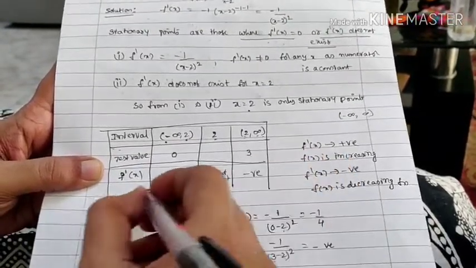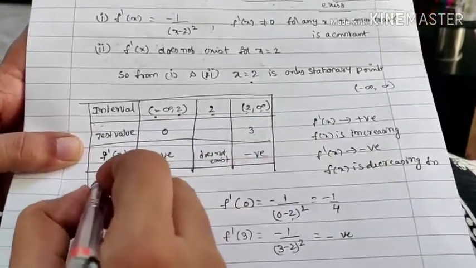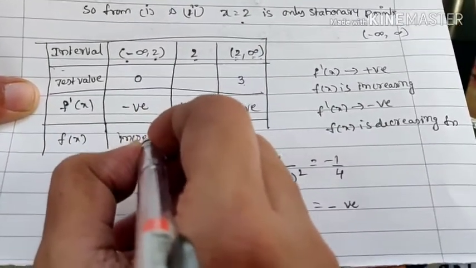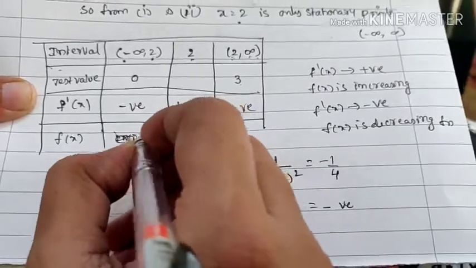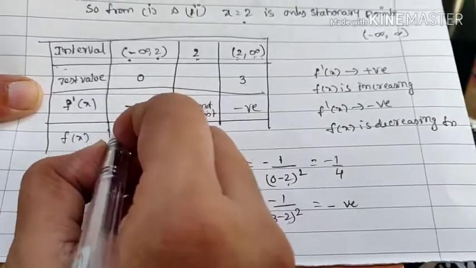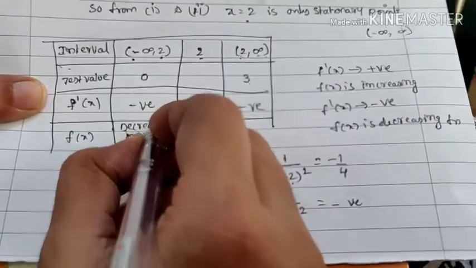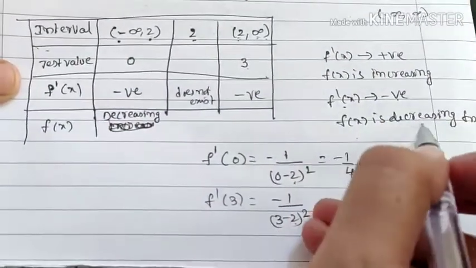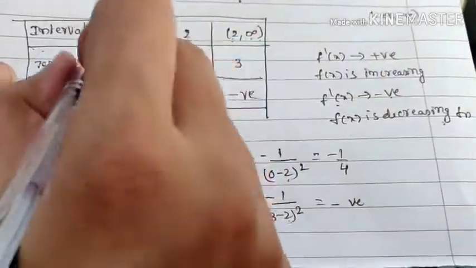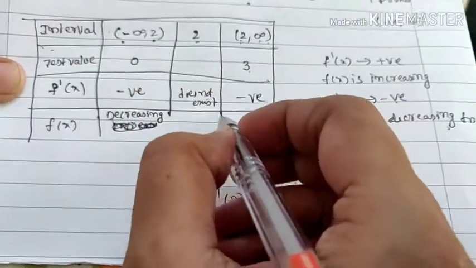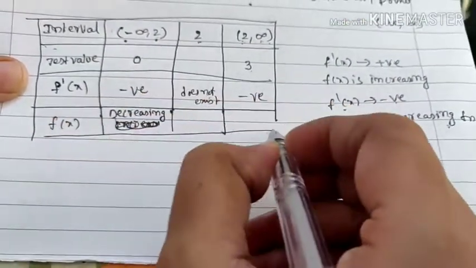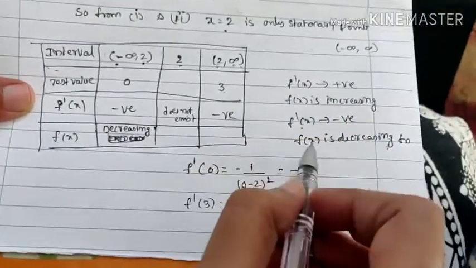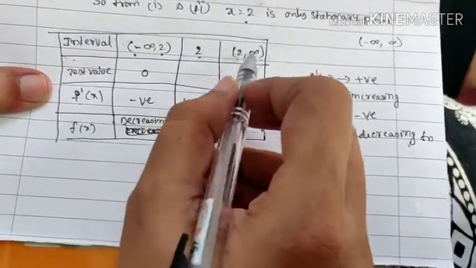So in both cases, what is happening? Sorry, f dash of x is negative, meaning f of x is decreasing. If f dash of x is negative, f of x is a decreasing function in that interval.